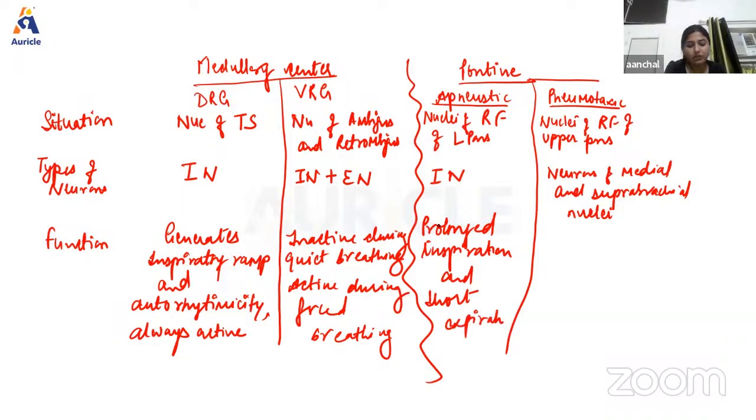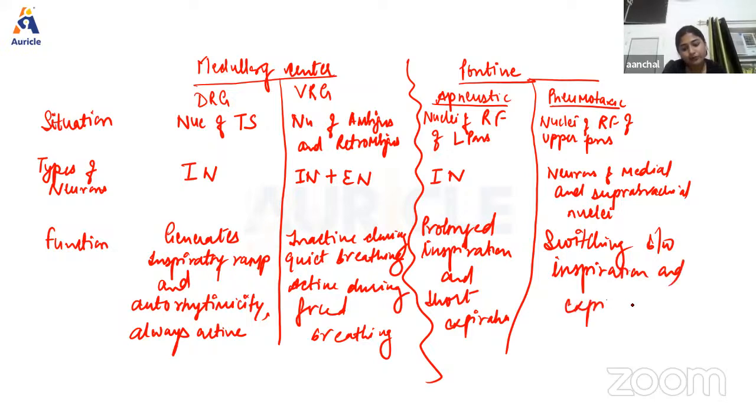And in the pneumotaxic center, as we have discussed, the function is switching between inspiration and expiration. So how will it switch? By inhibiting the inspiratory center through the apneustic center.